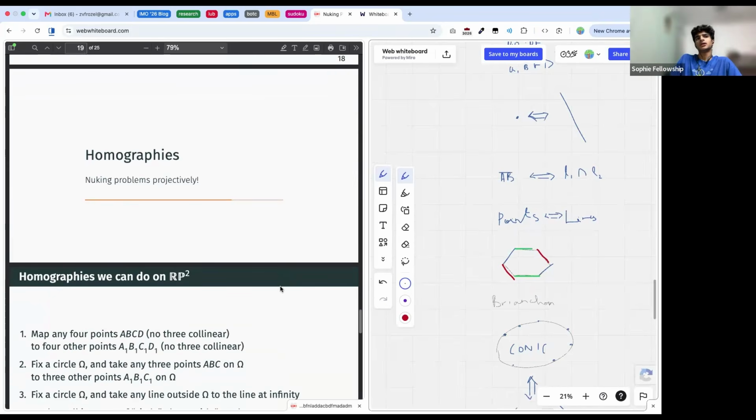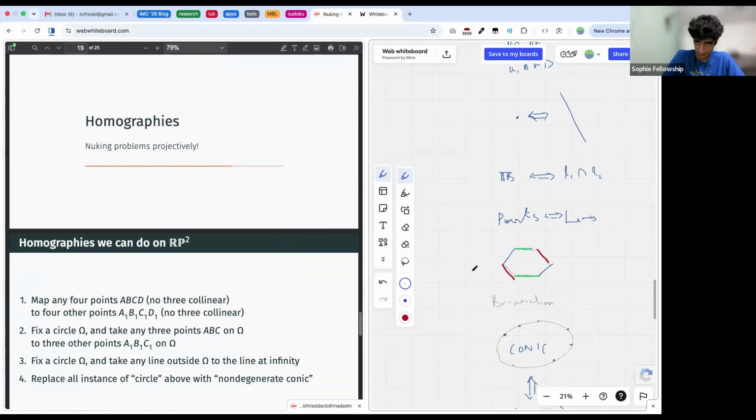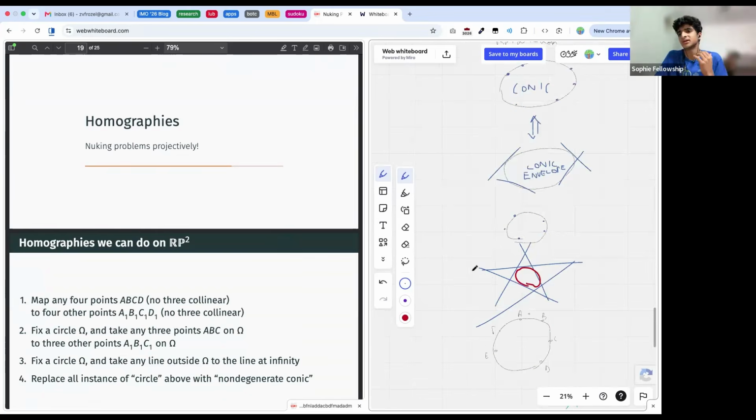So what is a homography firstly? I wanted to start by talking about projective maps and how they preserve cross ratio, but we're just going to go straight into it. This homography section is going to be very short and very weird, in the sense I may not be explaining everything fully and just hand waving a bit, but bear with me.